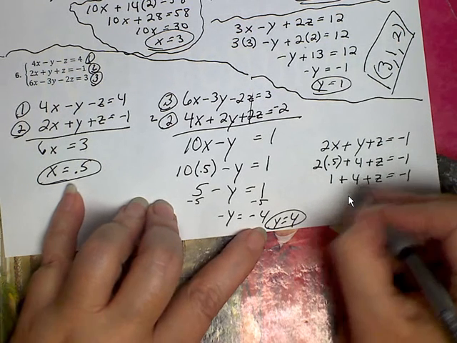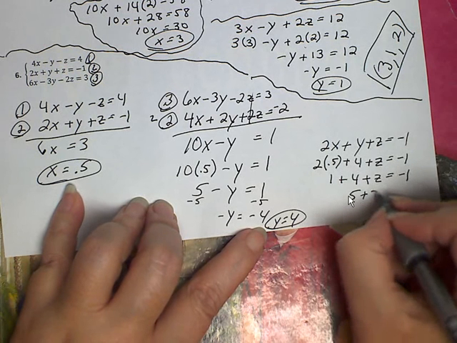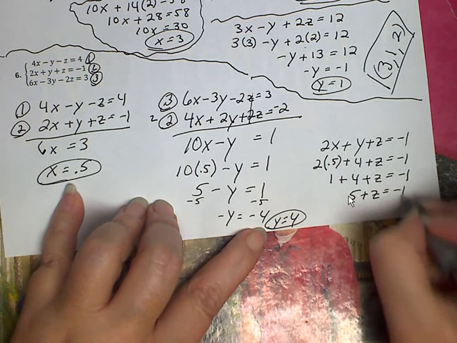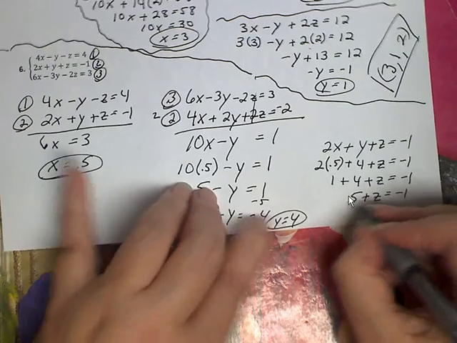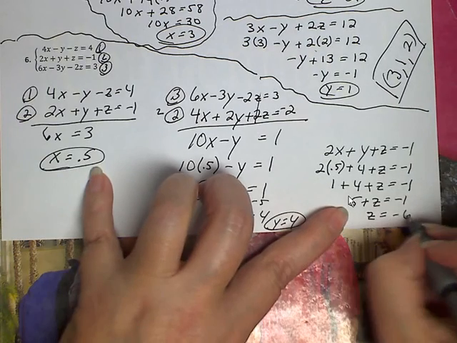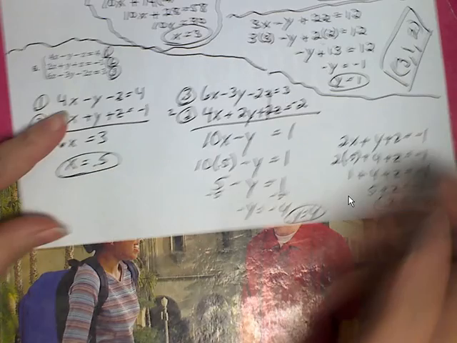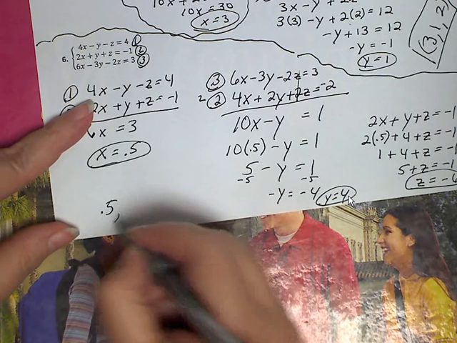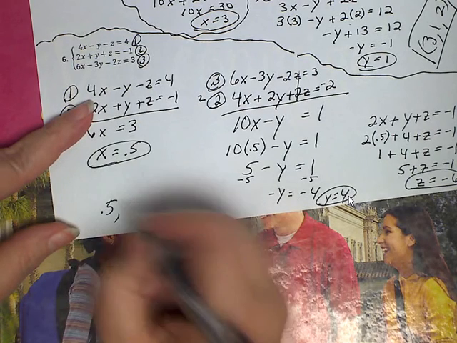That's 5 plus z is equal to negative 1. Subtract 5 from both sides, z is equal to negative 6. So my point is x is 0.5, y is 4, z is negative 6.